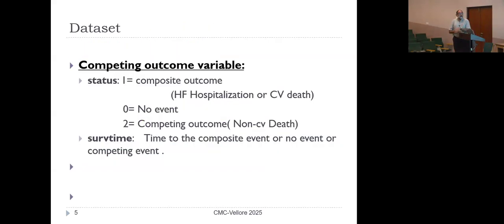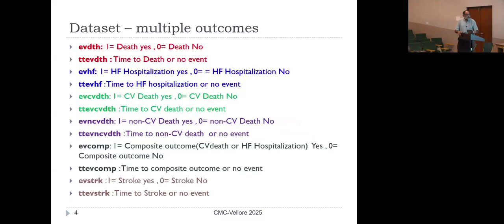We also have, in the original analysis, competing risks, which you can ignore here. In the original composite, it's CV death or heart failure hospitalization. So if you die of cancer or you die of a non-CV death, then a non-CV death becomes a competing risk for this.